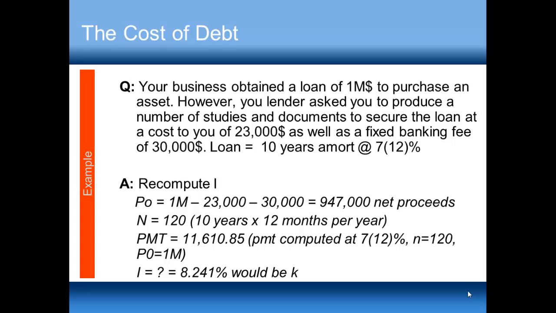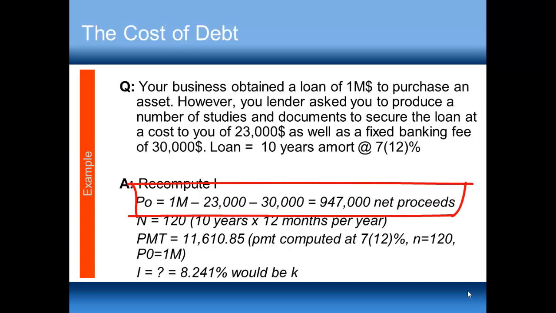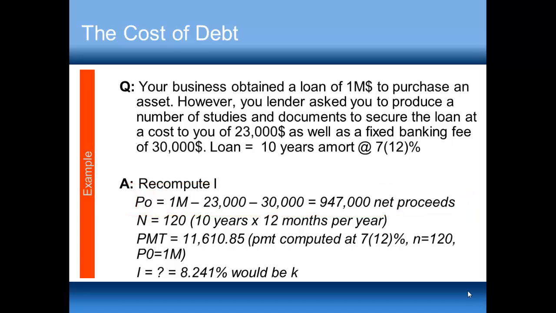We're going to recalculate I, taking into account $1 million minus the fees, $23,000 and $30,000. So your net proceeds are actually $947,000. That's what you actually have in your pockets. You need to repay that $1 million, but you've only obtained $947,000. N stays the same, 120 payments.